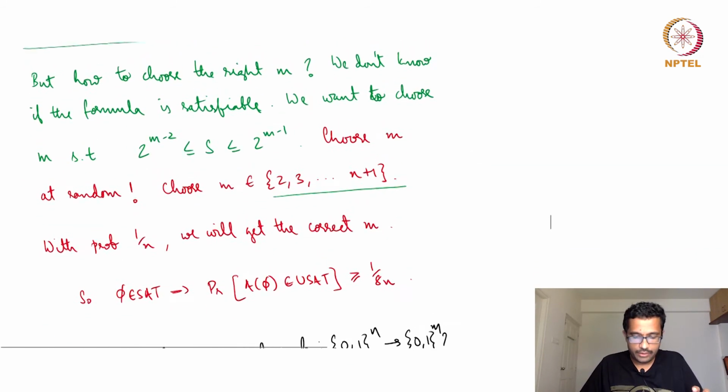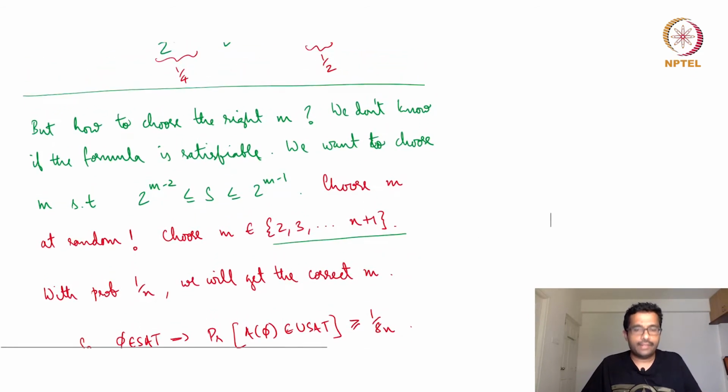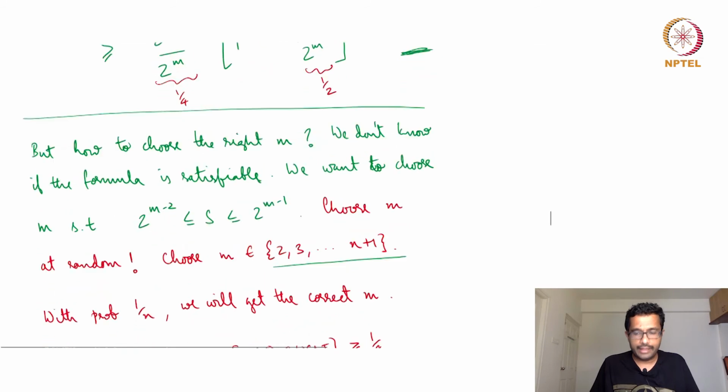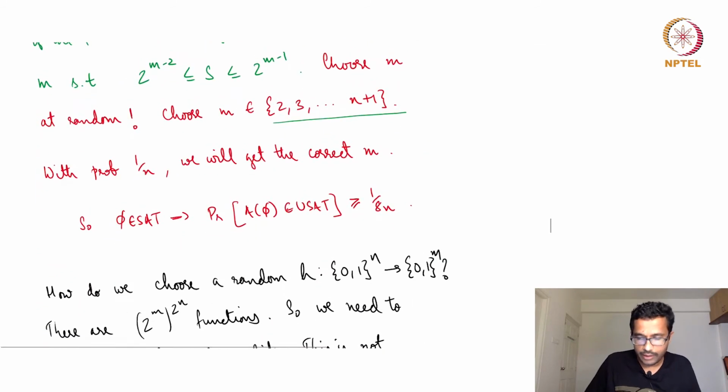So if the formula is satisfiable, the probability of choosing the correct m is 1 by n, multiplied by, given that we chose the correct m, the probability that the resulting a phi has a unique solution, which is 1 by 8. So we get 1 divided by 8n, which is what we said we would do.